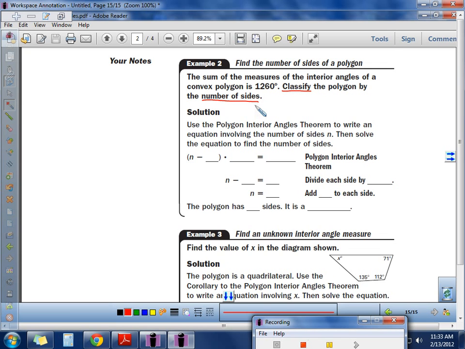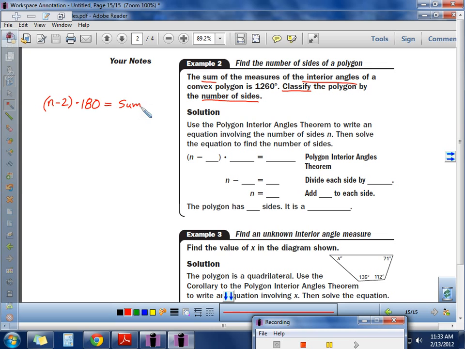In that first sentence, what are our key terms? Sum, interior angles. We know that formula. What is it? N minus 2 times 180. If you write a bunch today, you will memorize it by the end of the day. This equals that sum.